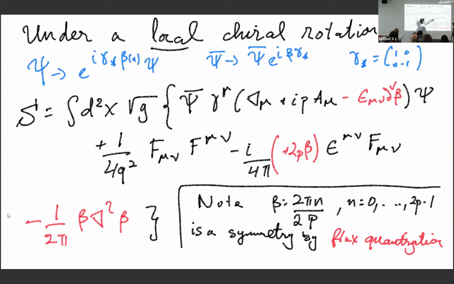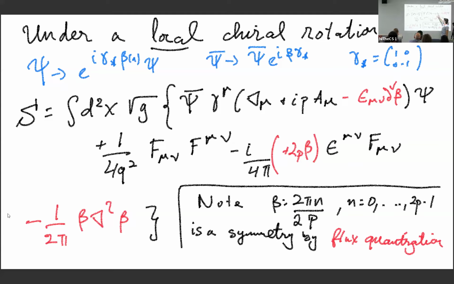And this beta lets us solve the model because it gives us a frame in which we can cancel out the gauge field interaction. This is the secret that lets this model be solved. You do a local chiral rotation, and all of a sudden it cancels out the interaction, and there's a way of keeping track of everything. So in some new rotated frame the theory looks free, but in the original frame it is not.